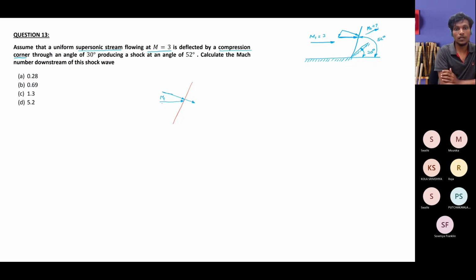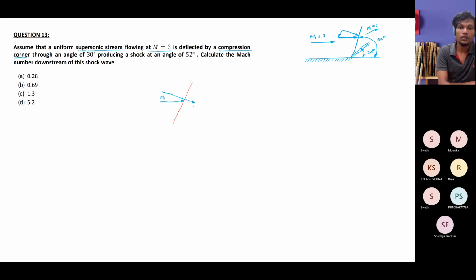So when you resolve this direction perpendicular to the oblique shock wave, this particular velocity will act as a flow passing through a normal shock wave, because we resolve this velocity perpendicular to the oblique shock wave. Now we can apply the normal shock wave relations.